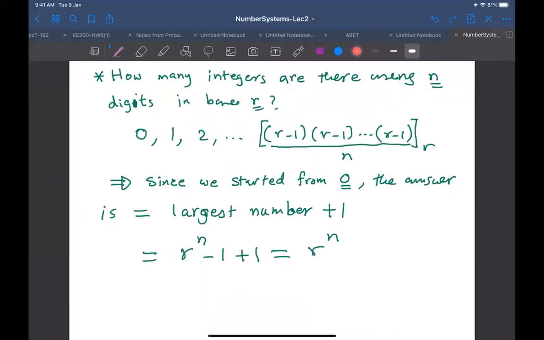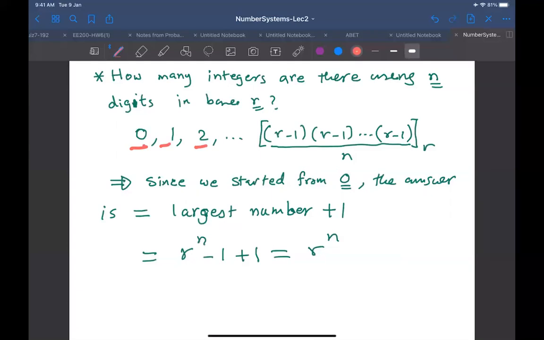Here is another property. How many integers are there using n digits in base R? Okay, so you can list them. The first integer is 0, second is 1, third is 2, all the way to the maximum number that you can represent, which is this number here. Just a concatenation of the maximum digit in base R of n digits.